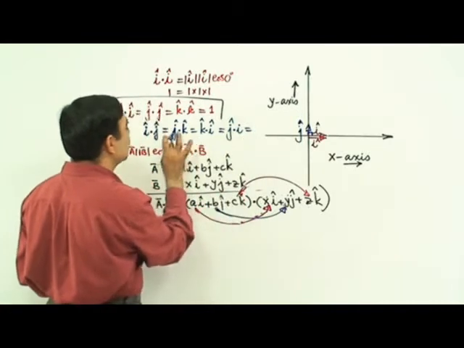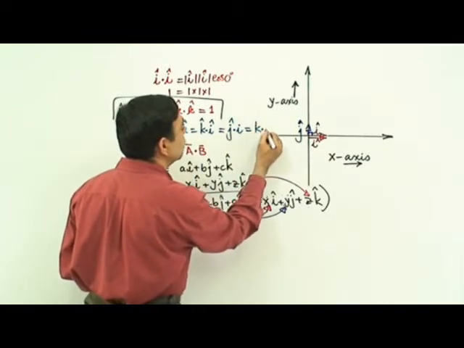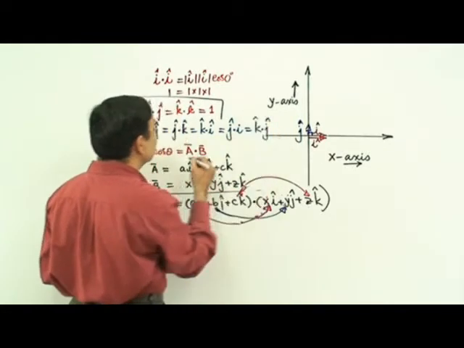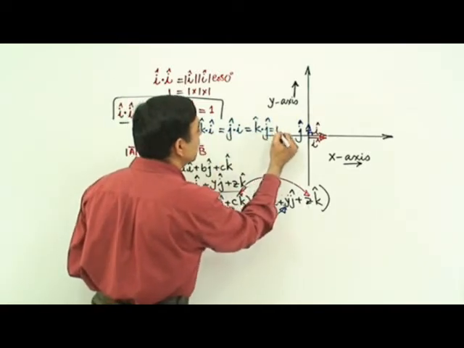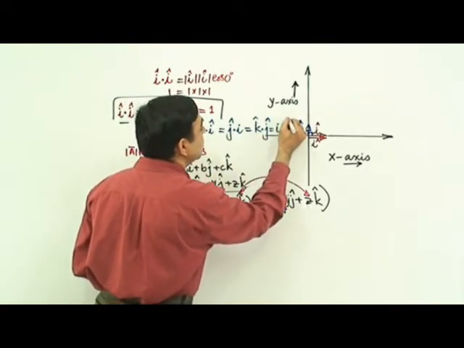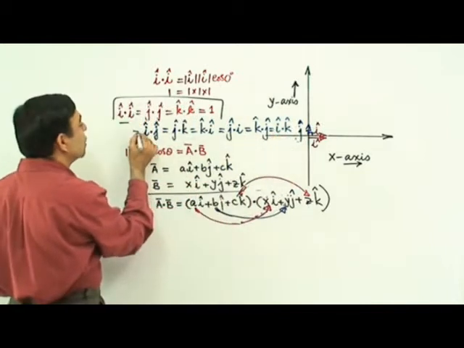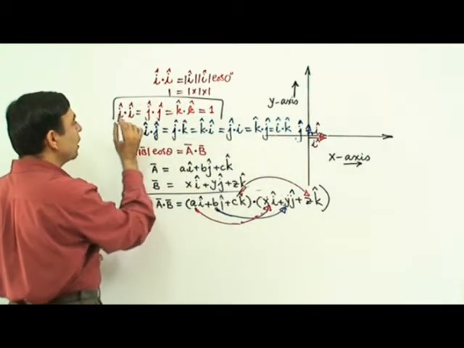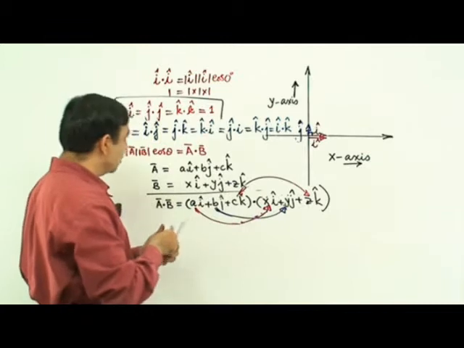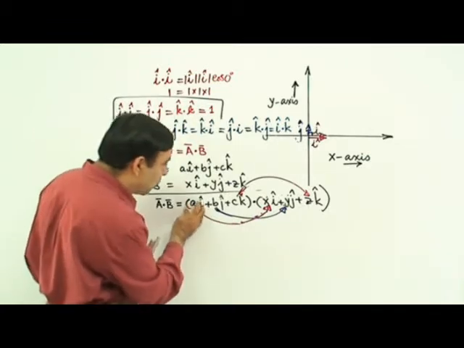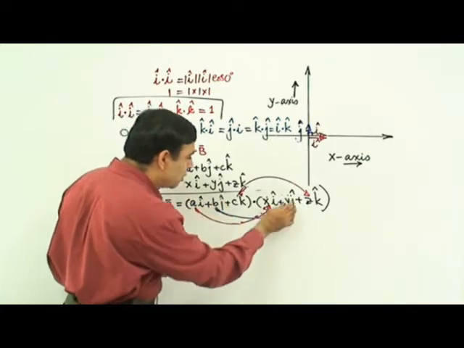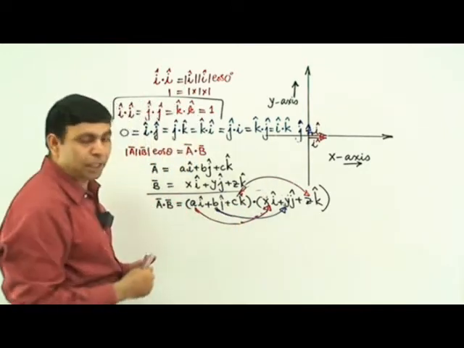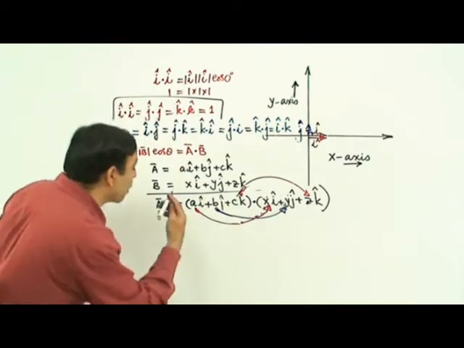Then j dot k and k dot j are also 0. Then k dot i is 0, which means i dot k also has to be 0. So all the 6 terms are 0. Only ii, jj and kk are 1 in the dot product. So you need to take only the i with i term, j with j term and k with k term. So when you take the scalar product here, what are you going to get?